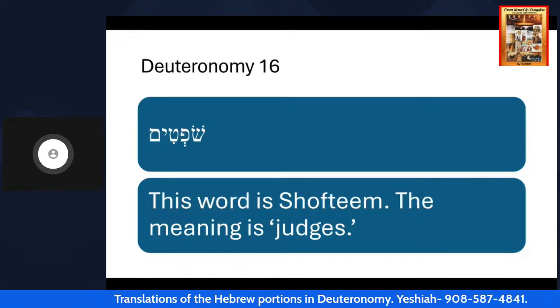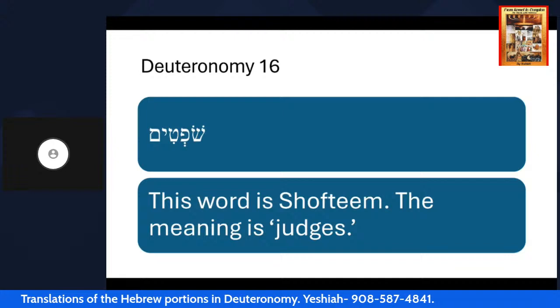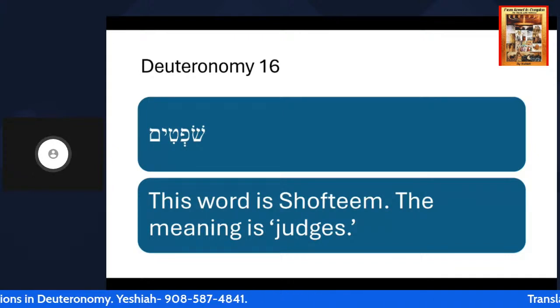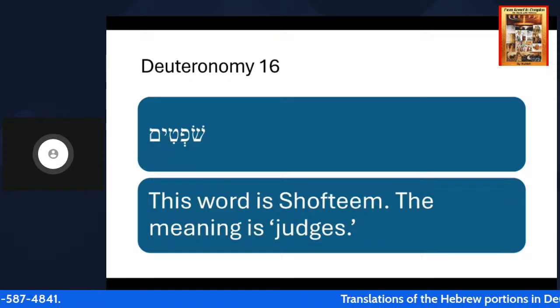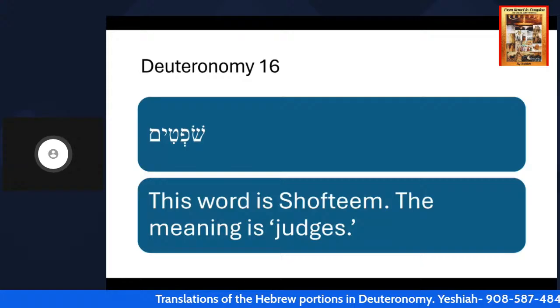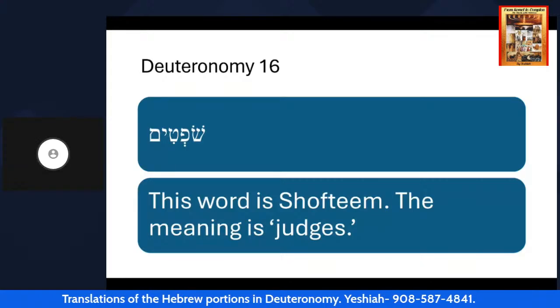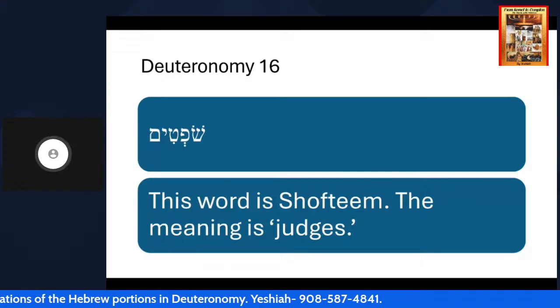And that word comes from the root word shapat. The word shapat means to judge. This is where you get, brothers and sisters, Jehoshaphat or Yehoshaphat in Hebrew, meaning the Most High will judge. This is where you get the word Shaphatiyah, which means Yah has judged.